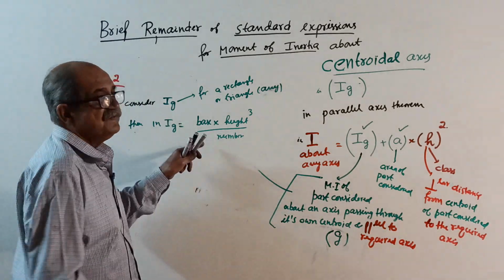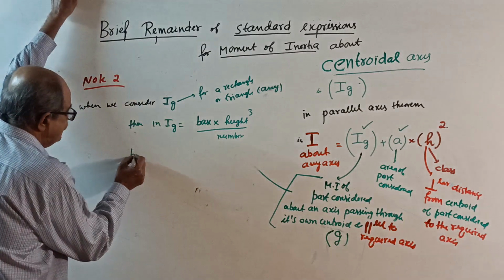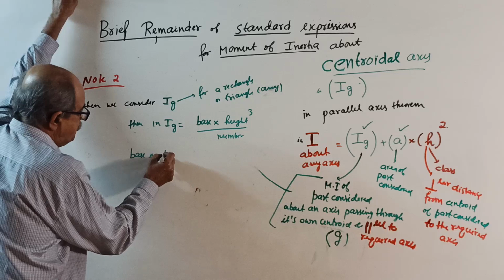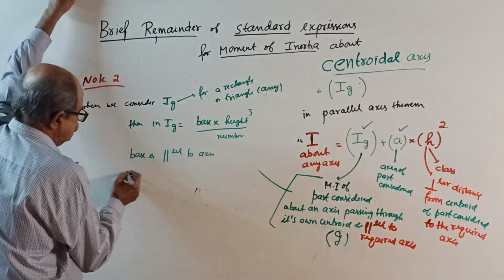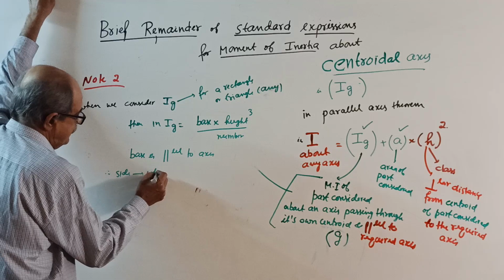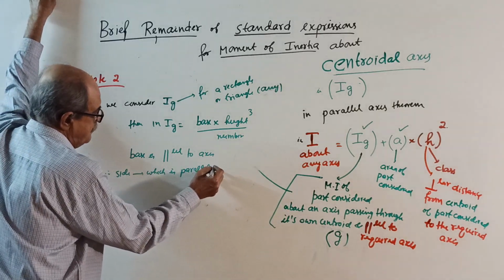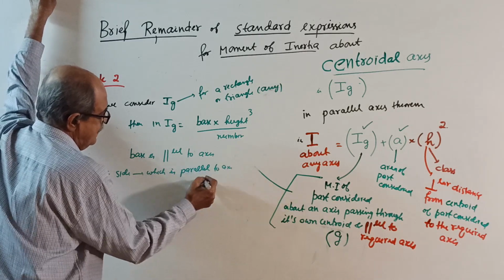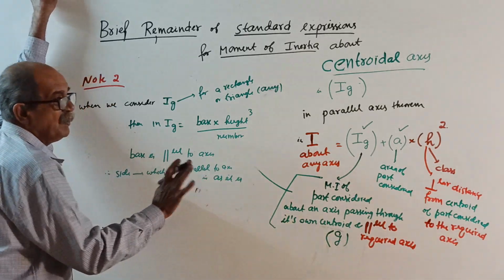Whatever it is, base into height. Here, base is parallel to axis. So therefore, the side which is parallel to axis is as it is. No power.